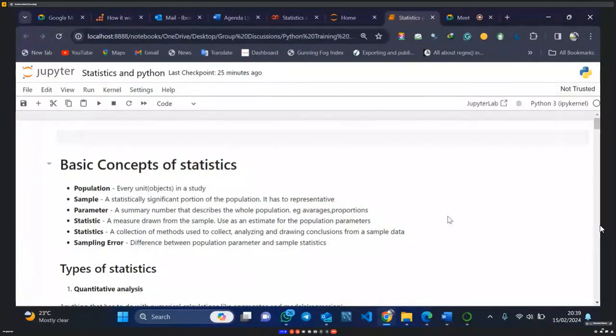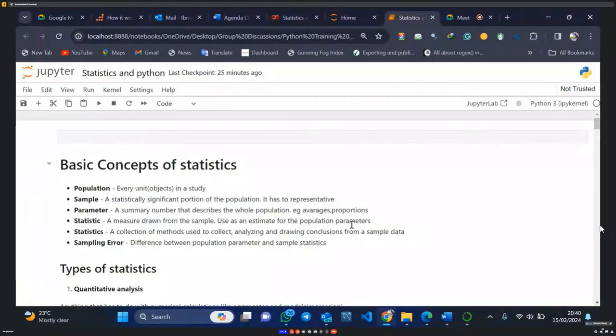Then a parameter is a summary number that describes the whole population, e.g., averages and proportion. So that is the parameter. For example, we can look at a mean of a certain population.